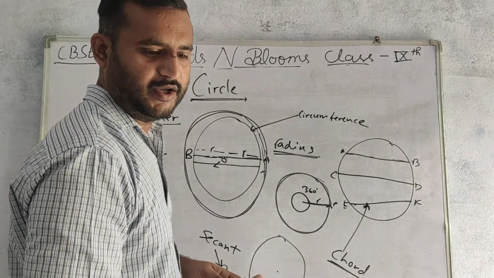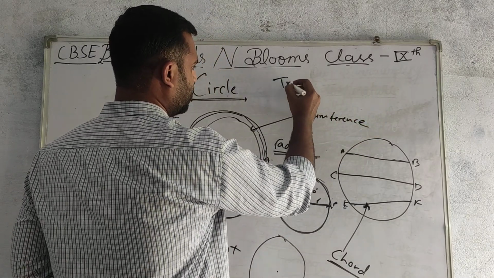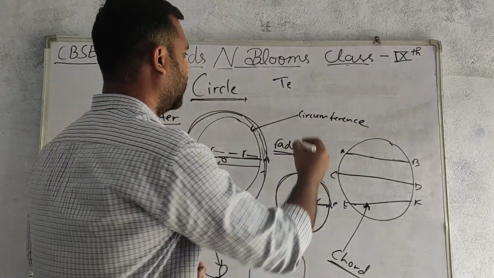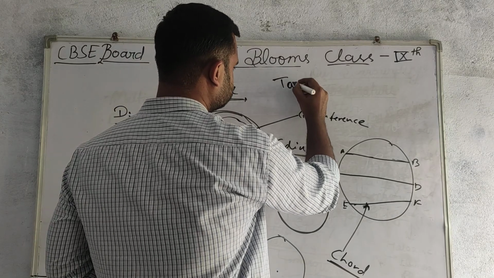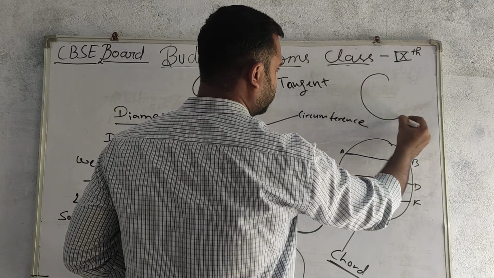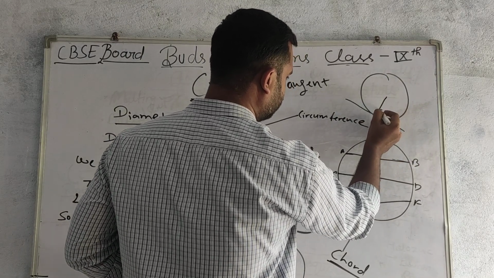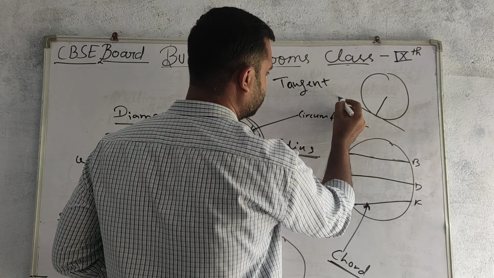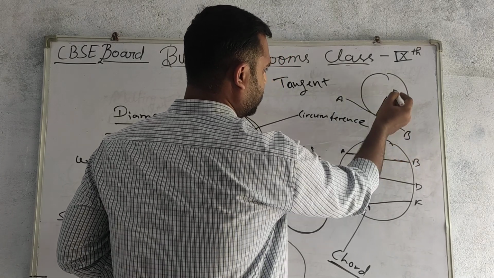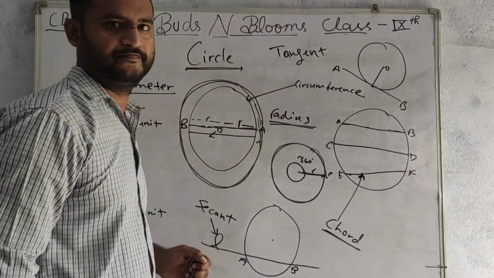And if we talk about tangent, so the tangent of a circle is that line which intersects the circle on a point.